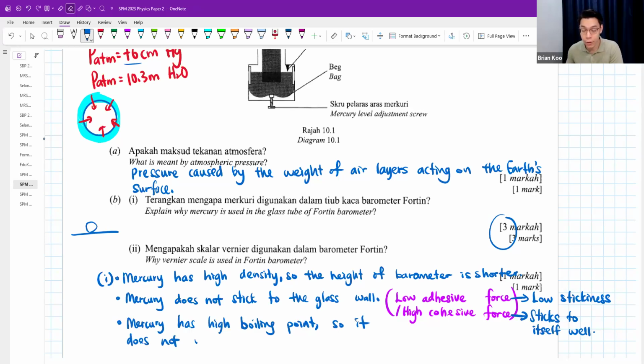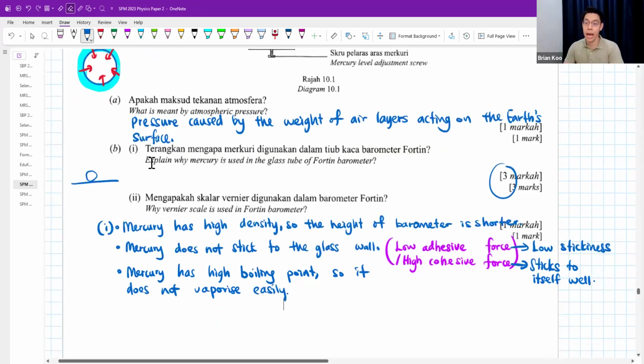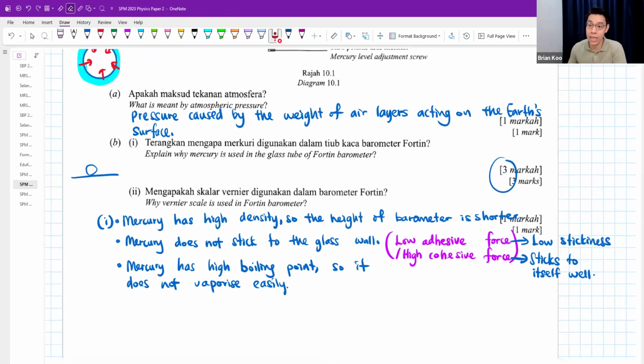I feel even if you write halfway, like you just say mercury has high density, you never explain why, you can already get the mark. Mercury does not stick to the glass wall, can already get the mark. Has high boiling point, can get the mark already. Or mercury does not vaporize easily, can also get the mark already. But if you know more, it's always good to write, like why is that and all.